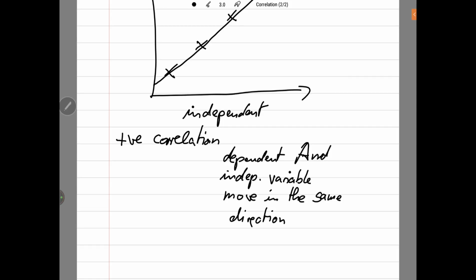If the independent variable becomes larger, the dependent variable becomes larger. If the independent variable becomes smaller, then the dependent variable becomes smaller. So they move in the same direction. That is called a positive correlation.